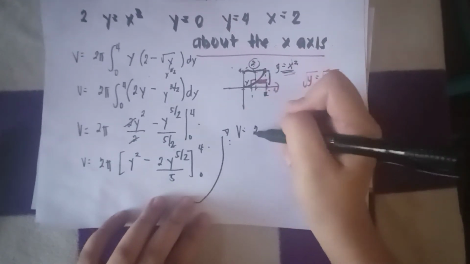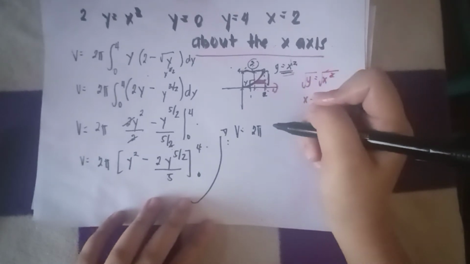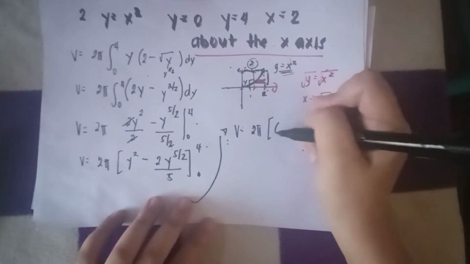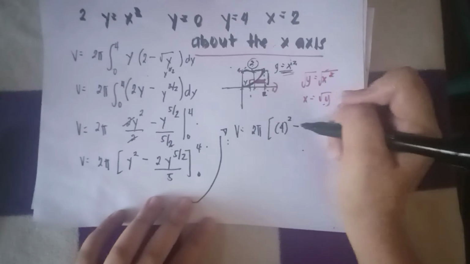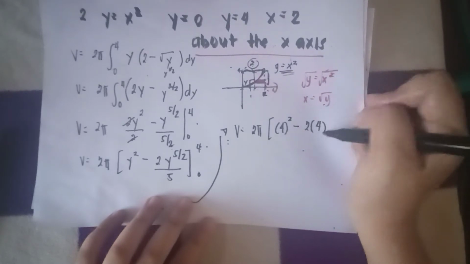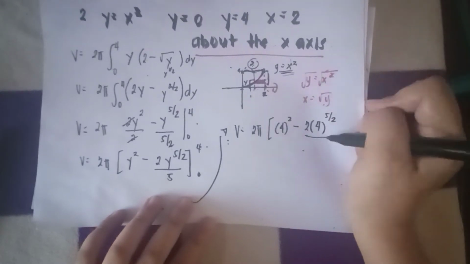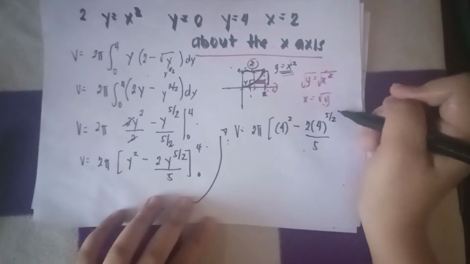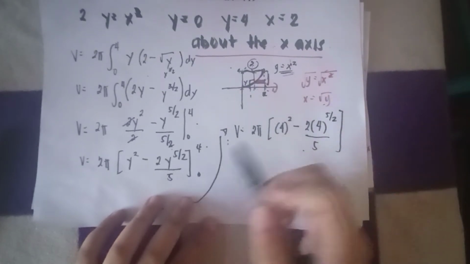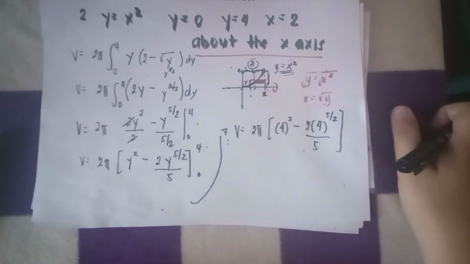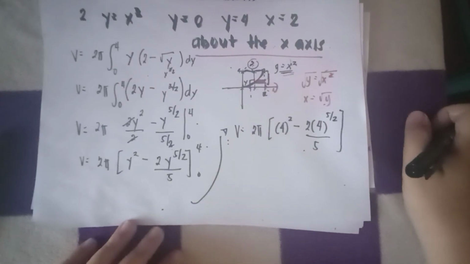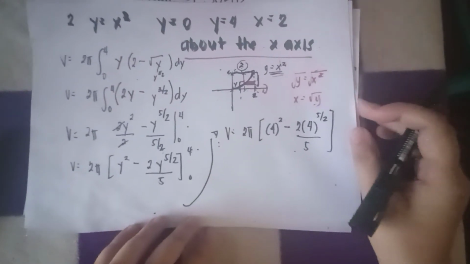So, volume is equal to 2 pi. Then, ito ay 4 squared minus 2 times 4 to the 5 over 2 power over 5. And since 0 naman yon, wala na tayong susulat sa kanya. Automatic naman na yon.